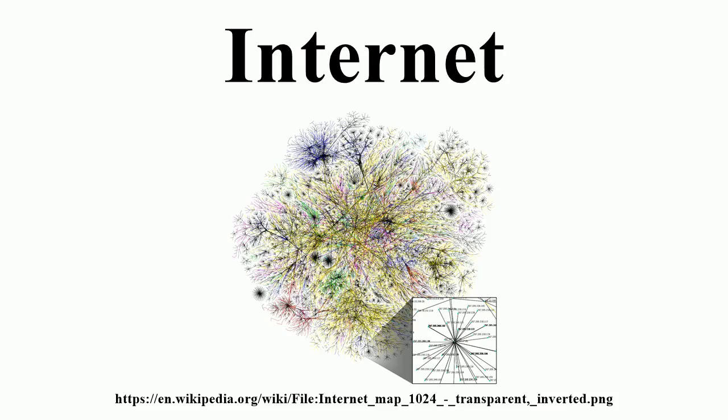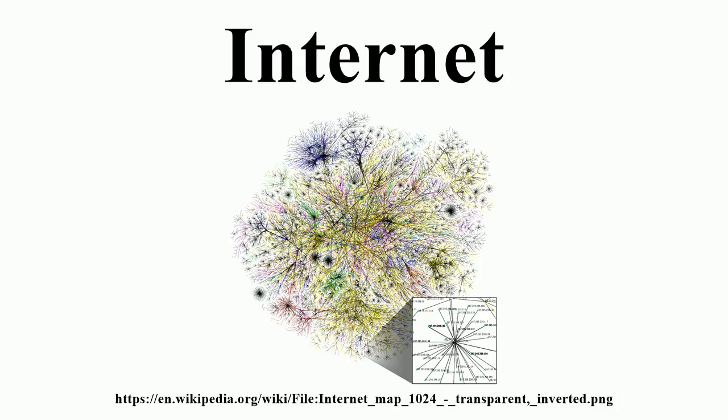Large organizations, such as academic institutions, large enterprises, and governments, may perform the same function as ISPs, engaging in peering and purchasing transit on behalf of their internal networks. Research networks tend to interconnect with large sub-networks such as GEANT, GLORIAD, Internet2, and the UK's National Research and Education Network, JANET.